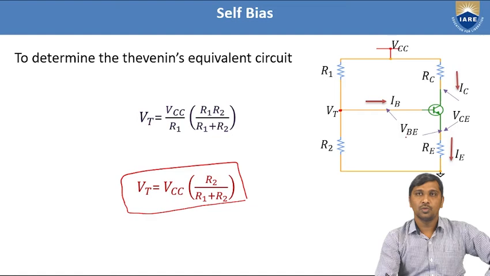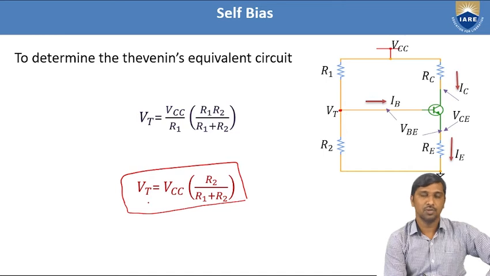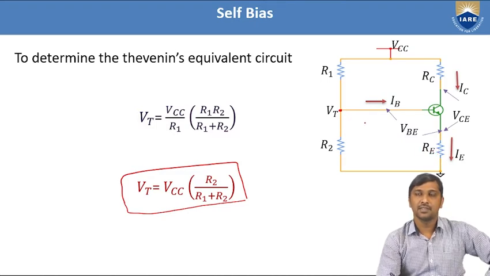To compensate for this, irrespective of the change in the voltage drop across the emitter resistance, we need to make the emitter base junction always forward biased. That should be done through this Thevenin equivalent voltage, Vt. With respect to this parameter, irrespective of the change in voltage drop, this makes your emitter base junction always forward biased.